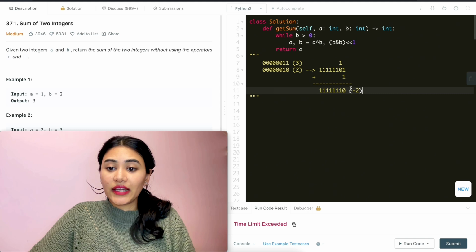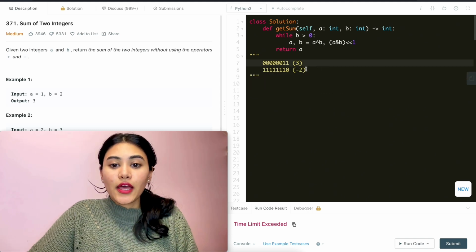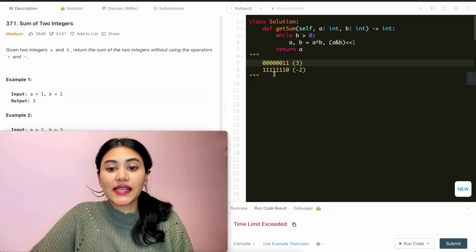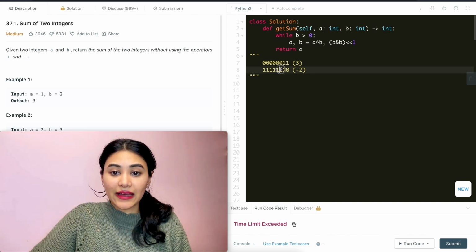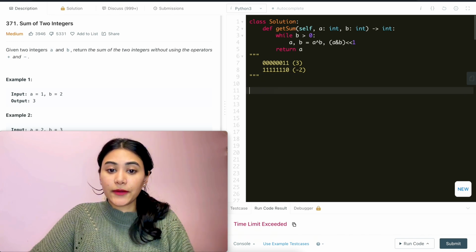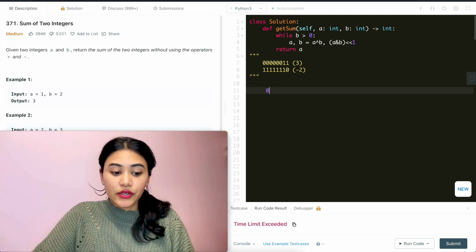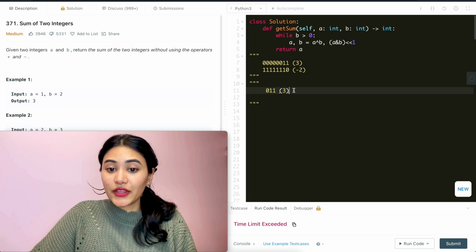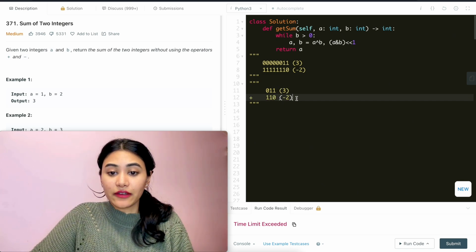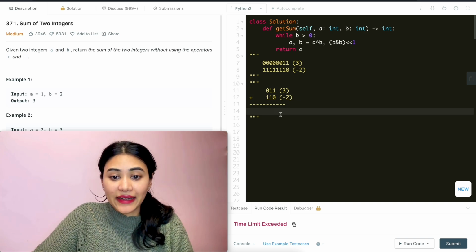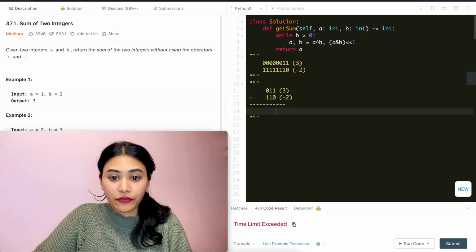We're going to add 3 and -2 over here. But say to make this even simpler, instead of using 8 bits, say I'm only using 3. So I'm just going to use this and this. What would that look like? I would basically be doing 0, 1, 1, which is 3, plus 1, 1, 0, which is -2. Now, if I were to go ahead and add this up, I would have 1 over here.